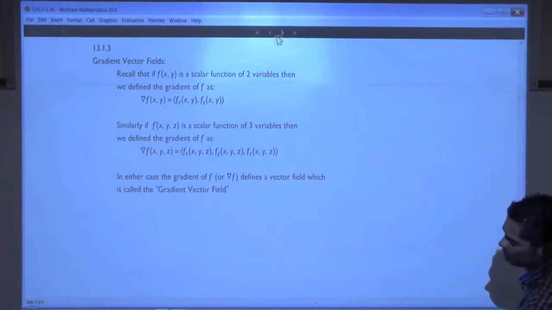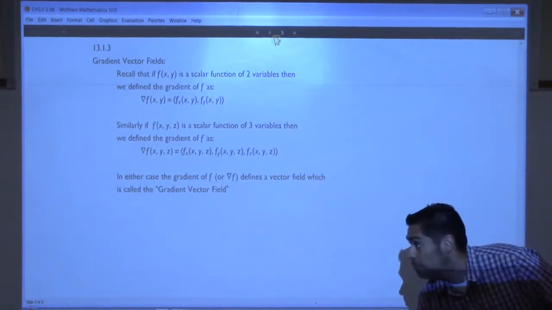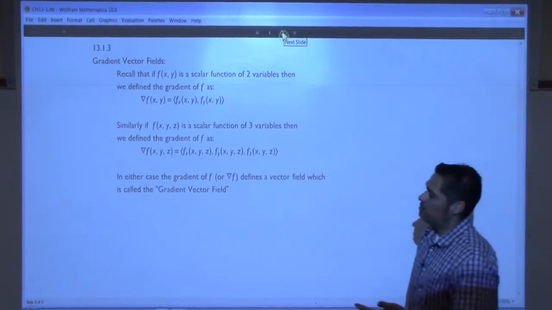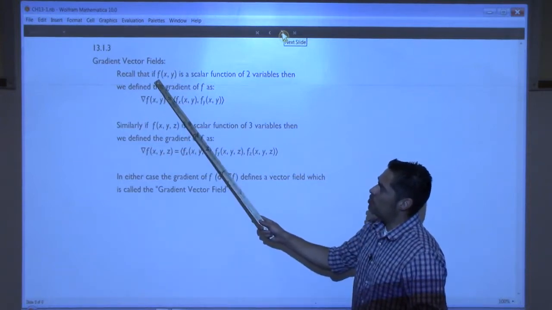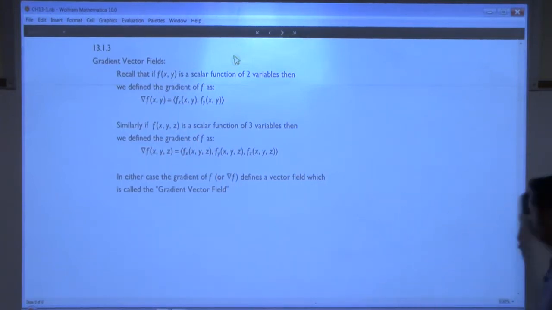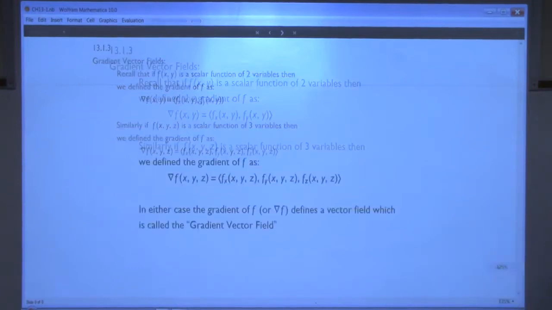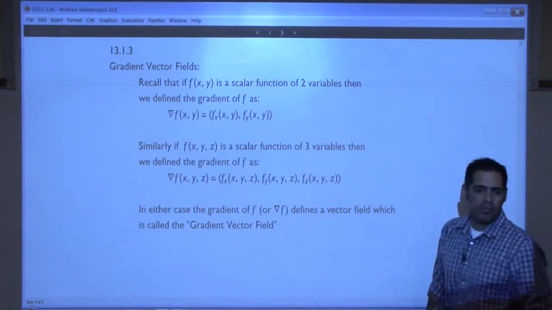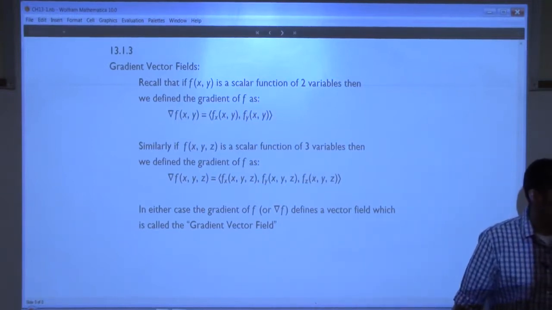All right, remember back earlier when we were first learning about partial derivatives, we defined this thing called the gradient. So what we did is we took a function, in this case a function of two variables, f of x, y. We call this a scalar function because there's no vectors involved, right?